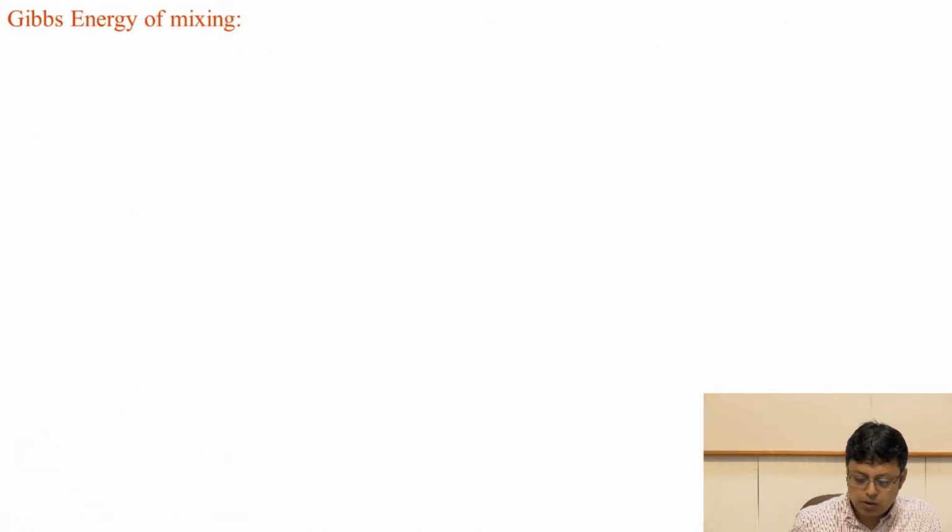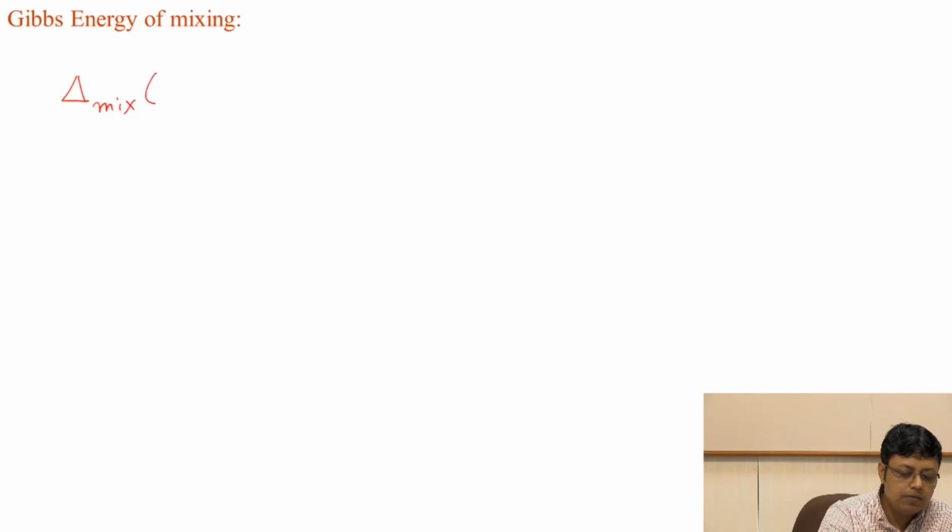So either way you can write it, and you used the two definitions of mole fraction to arrive at this expression. So what we get in general, the delta G mixing, now instead of delta G mixing we could write it as delta mix of G, because that was our notation.